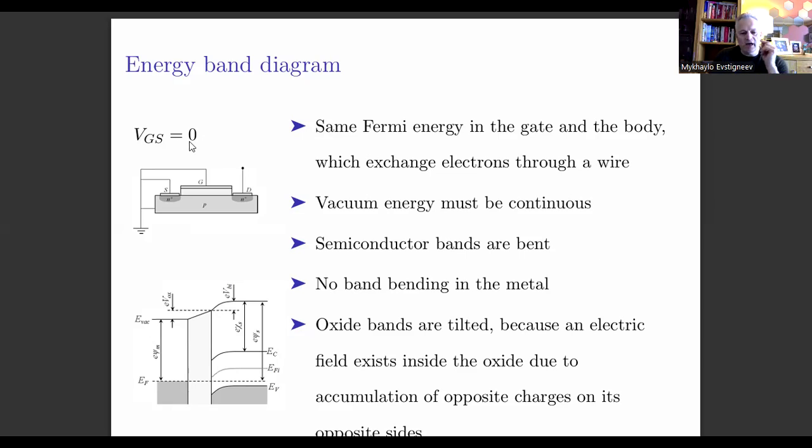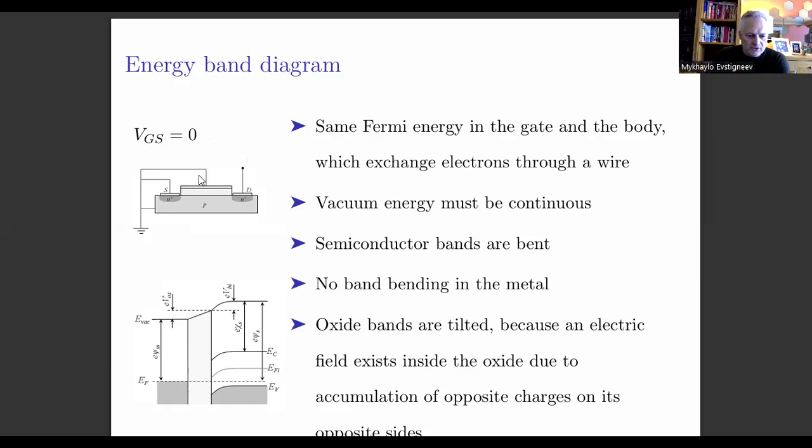Let us assume for now that the semiconductor and the gate are kept at the same potential, so the voltage between the two is zero. Now, how can you maintain zero voltage between two objects which are separated by the dielectric layer? Well, you connect them with a wire, right?